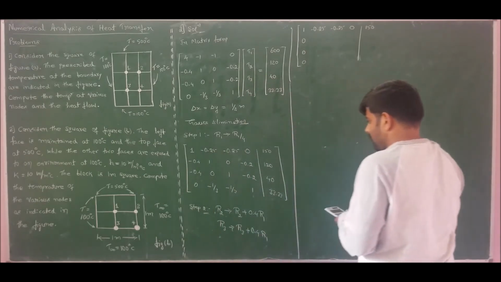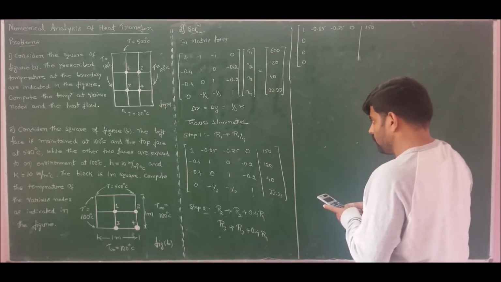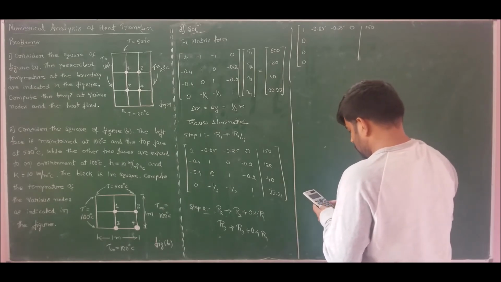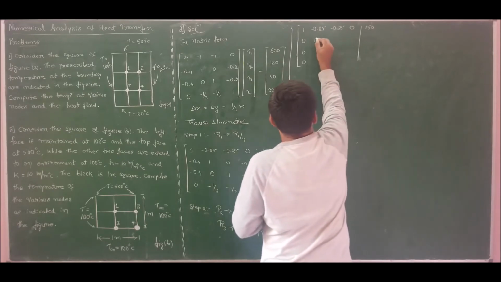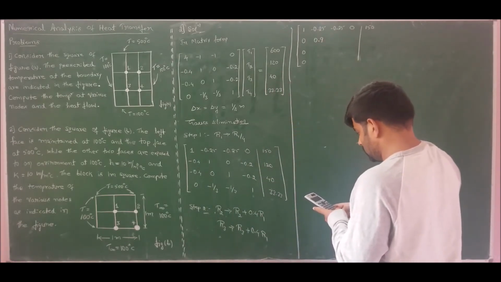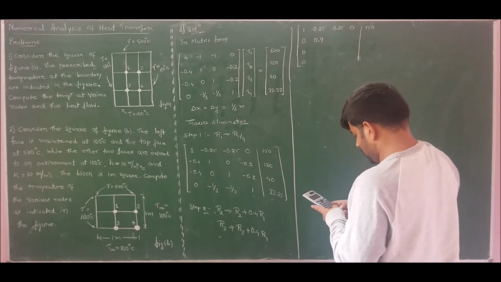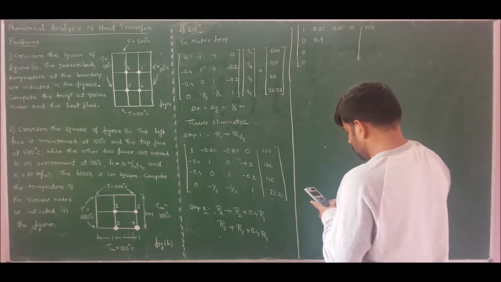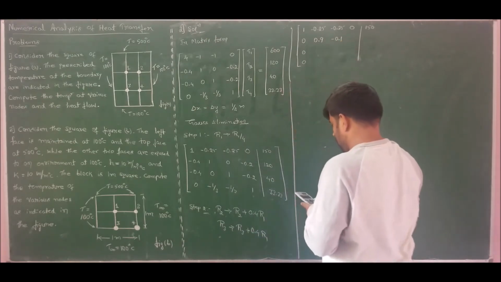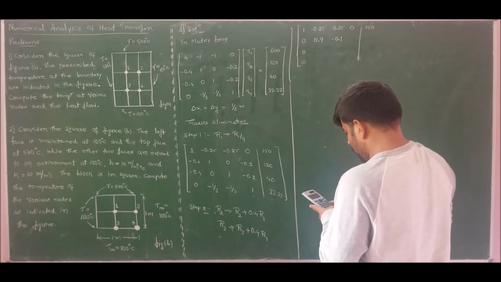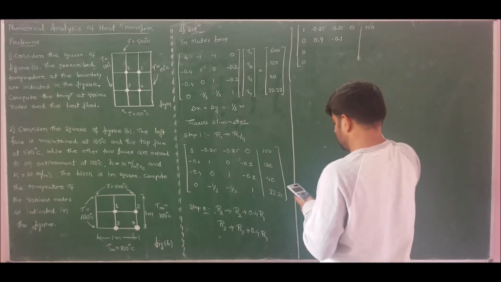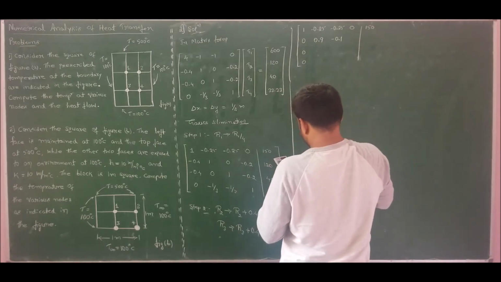This will become 0, 0 and 0. We have 1 plus 0.4 into minus 0.25, which is 0.9. 0 plus 0.4 into minus 0.25, which is minus 0.1. Minus 0.2 plus 0.4 into 0 is minus 0.2.